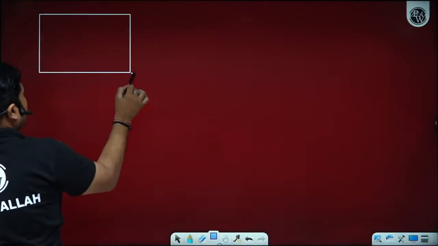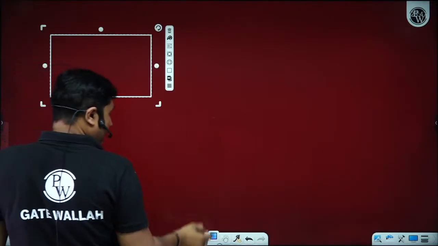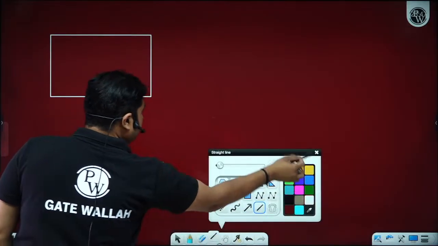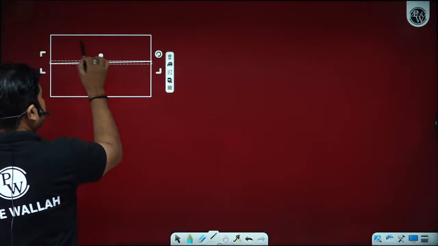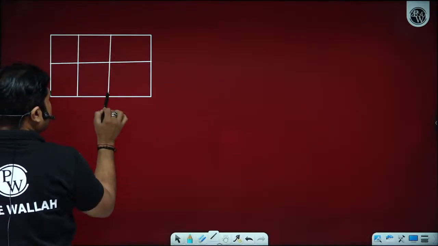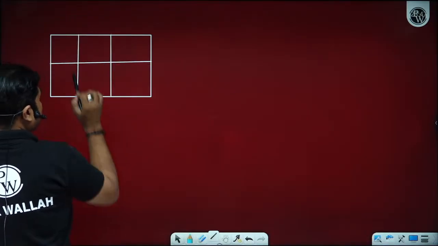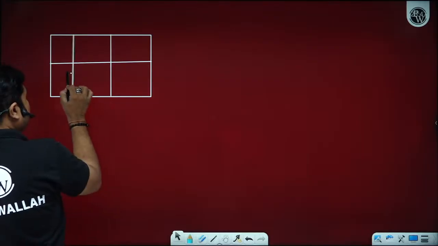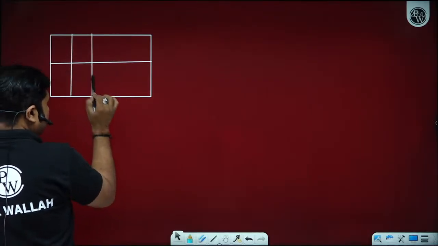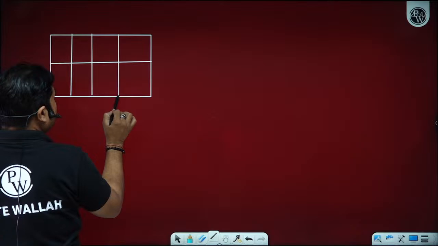So what we can use on the input side of the sequence detector, if we are using JK flip-flop, we can use either the present state or the present input.